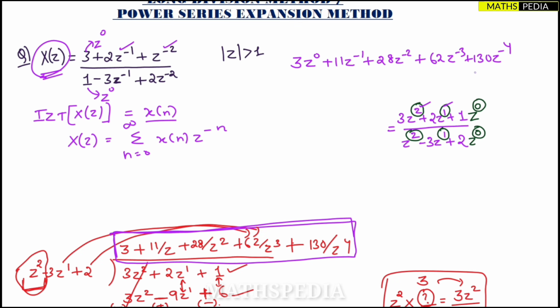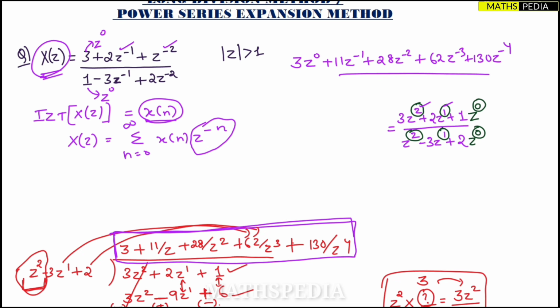Why am I writing in negative? Because the formula has z power minus n, and I want to compare this with that. You can directly write the values, but I am just making you understand by using the formula what I am going to achieve.